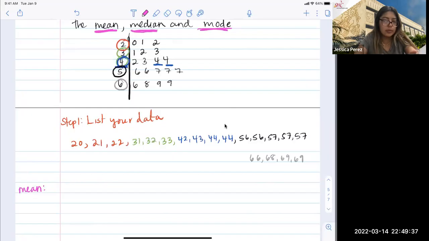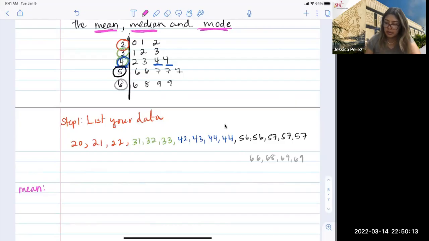So I'll have 20 plus 21 plus 22 plus 31 plus 32 plus 33 plus 42 plus 43 plus 44 plus 44 plus 56 plus 56 plus 57 plus 57 plus another 57 plus 66 plus 68 plus 69 plus 69.